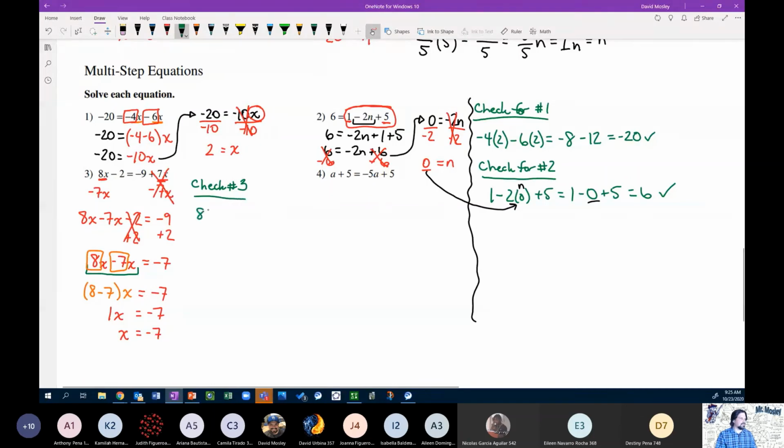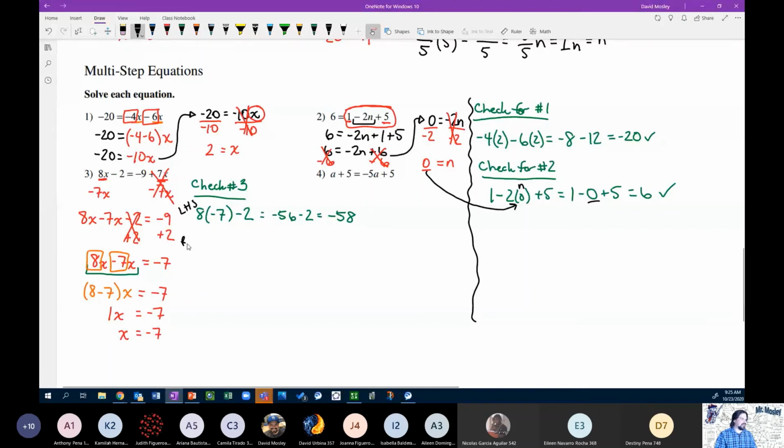I'm going to say 8 times negative 7 minus 2. 8 times negative 7 will be negative 56 minus 2, negative 58. All right. So this was the left-hand side, which I did first.